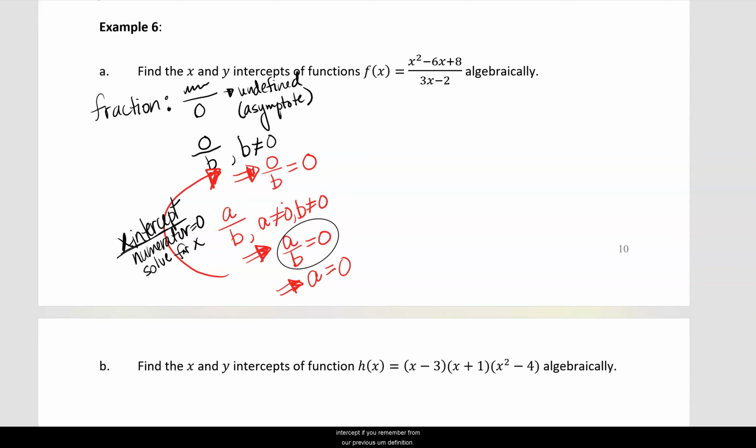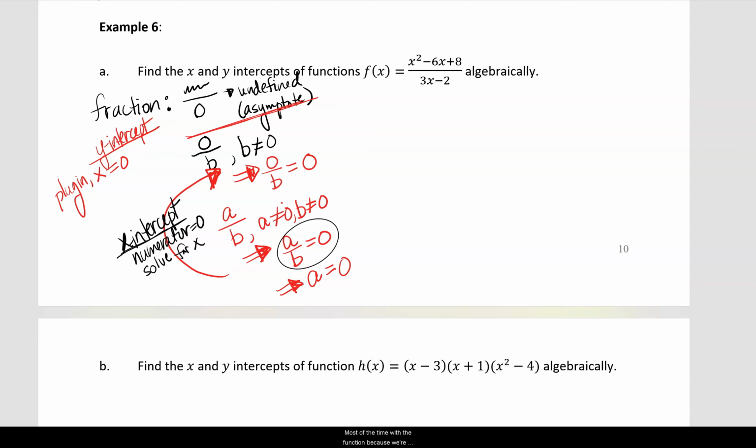To find a y-intercept, it's really quite simple. If you remember from our previous definition, to find a y-intercept you plug in x equals 0. If you happen to get a 0 in the denominator, that's not a y-intercept, because we can't have a 0 in the denominator.